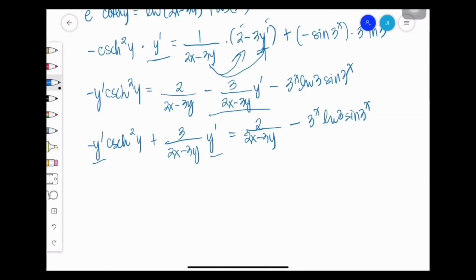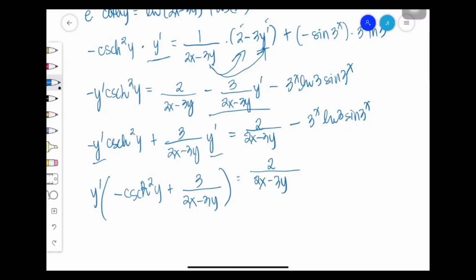Factoring out y prime, we'll have y prime times negative hyperbolic cosecant squared y plus 3 over 2x minus 3y equals 2 over 2x minus 3y minus 3 to the x ln 3 sine 3 to the x.